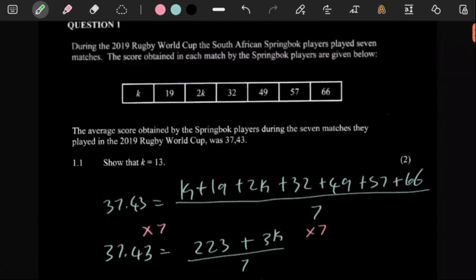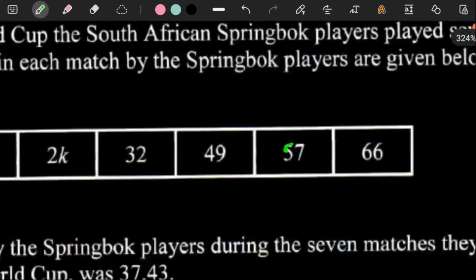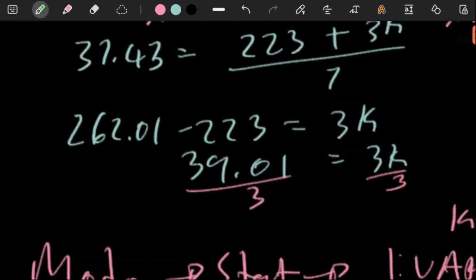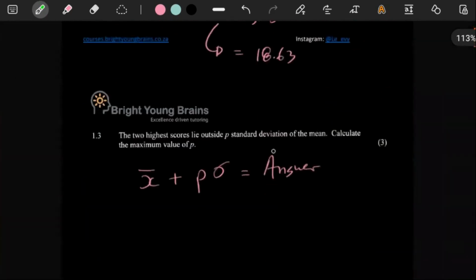So funny enough, if there's a 57 here and there's a 66 here, one way or the other, our answer here needs to be bigger or equal to 57. Because if our answer here is 57, it means that anything that is equal to 57 or bigger than 57 will be outside p standard deviations of the mean.